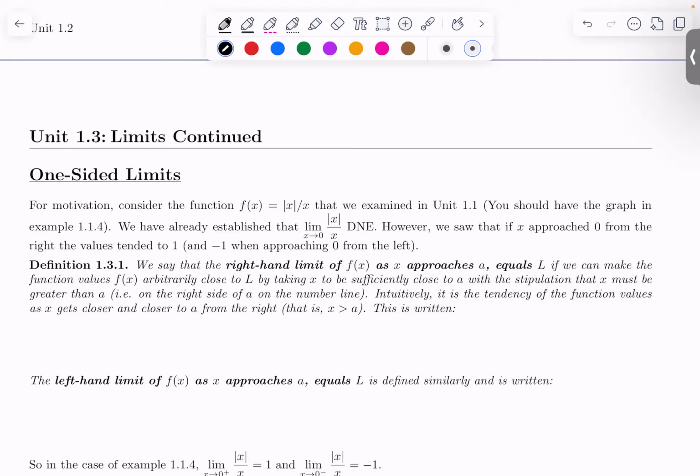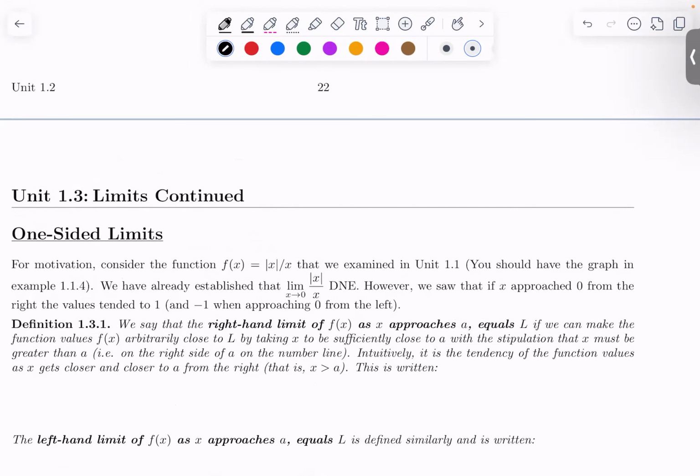For the motivation for this concept, mathematicians wanted to have something to define specifically at maybe endpoints of a function. Here's a good idea: the square root function. Remember what it looks like?